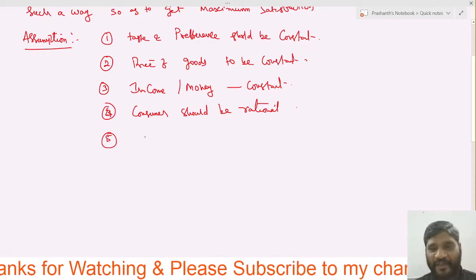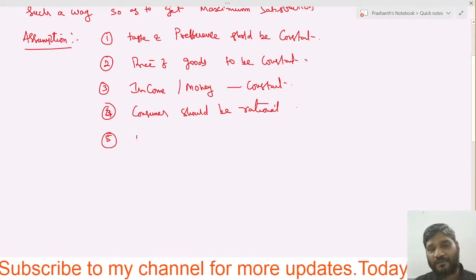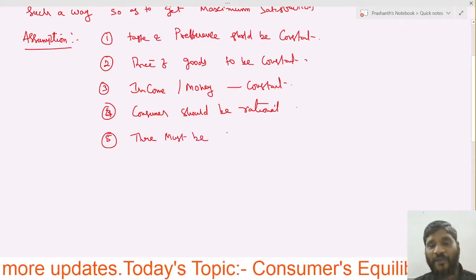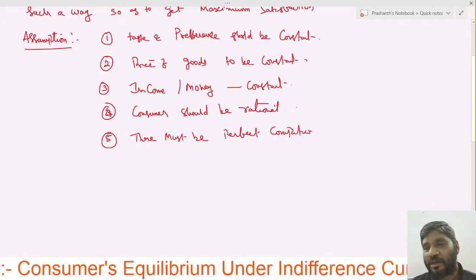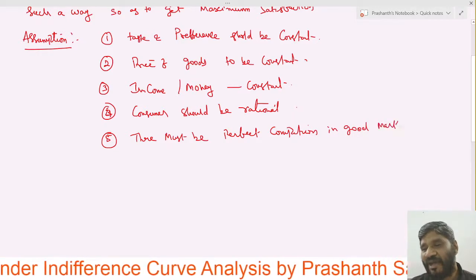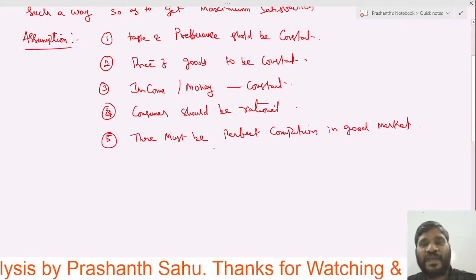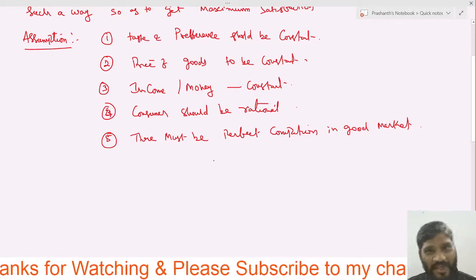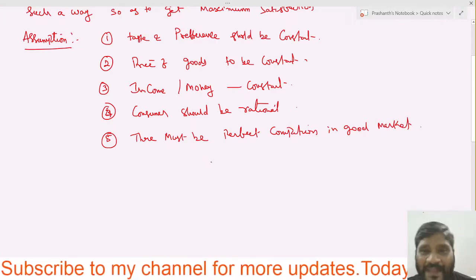And next, number 5, there must be perfect competition in the goods market, where we see homogeneous goods with the same price all over the market. Then only this law can be explained, otherwise it cannot be explained.